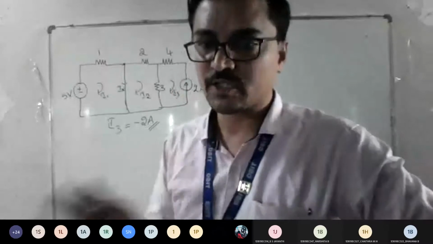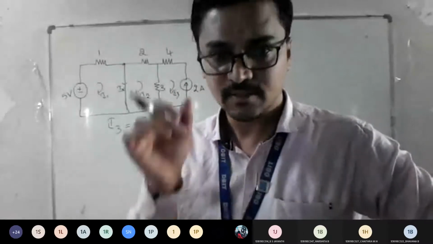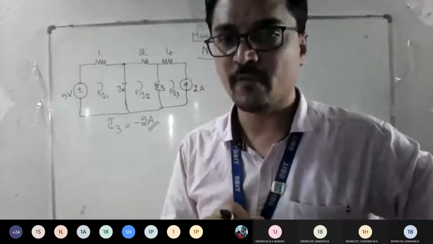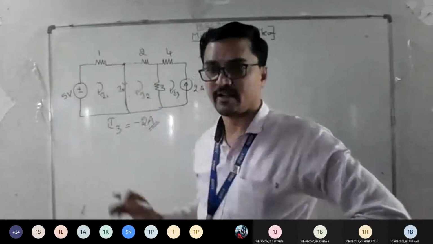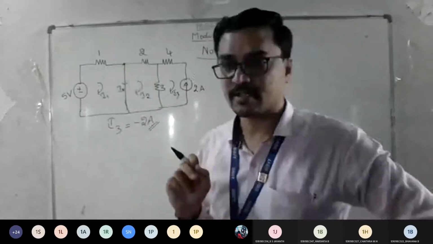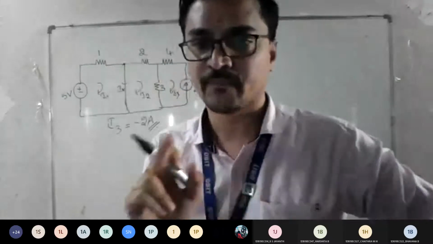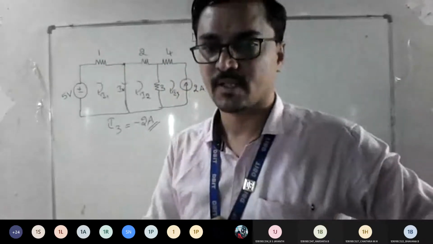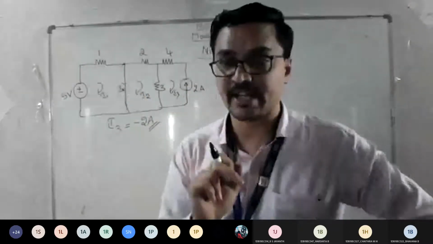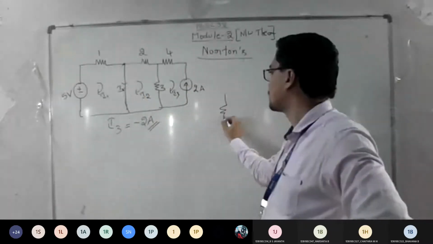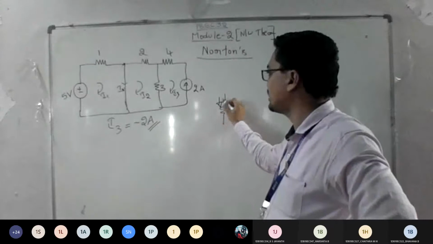So the ultimate goal is not to find I3. That is not what I want. What we want is this branch current, that is the Norton current. Across that, both I1 and I2 are flowing. On what basis have I chosen the direction? See, across 5 ohm, I was flowing like this.